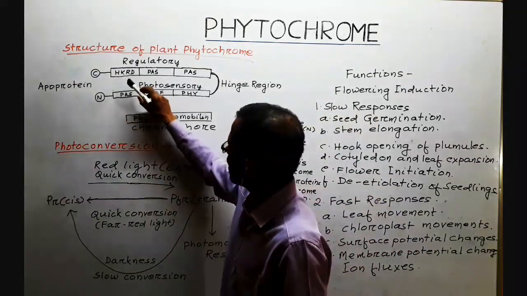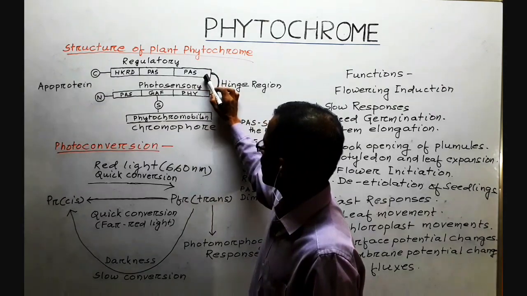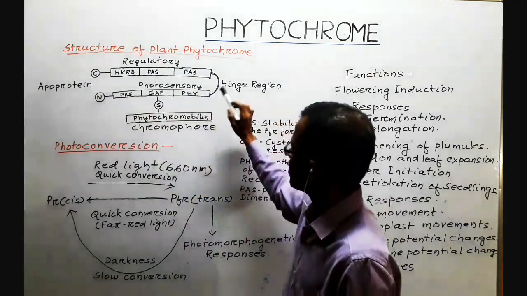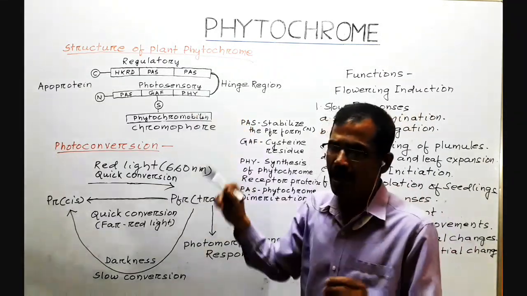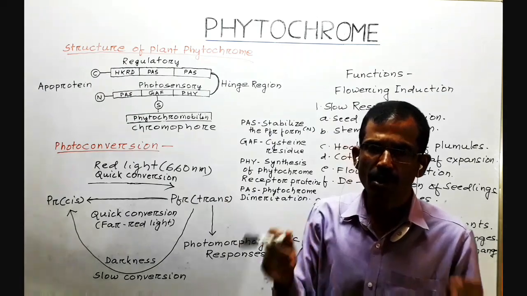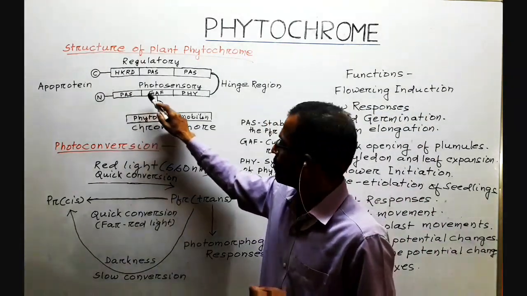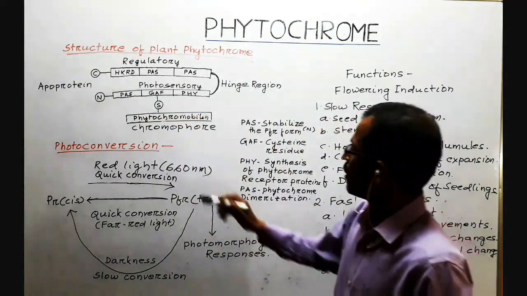Each polypeptide chain has a C-terminal regulatory region and an N-terminal photosensory region. The N-terminal photosensory region has three conserved domains. They are the PAS domain, GAF domain and PHY domain.